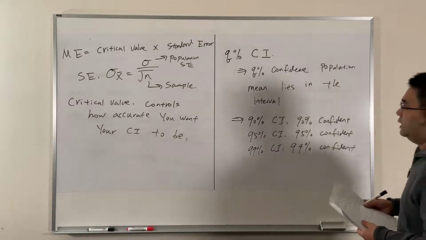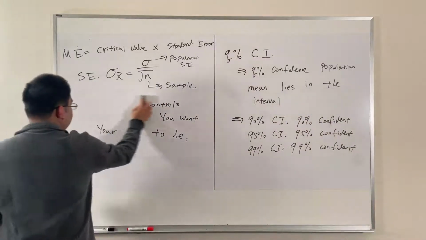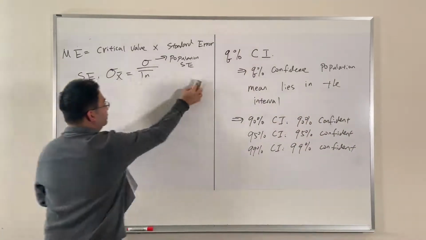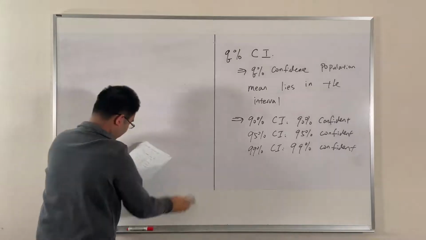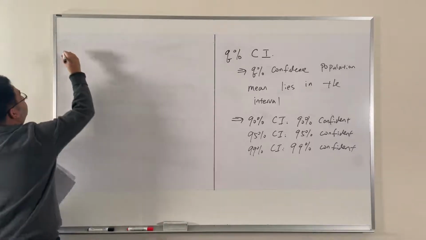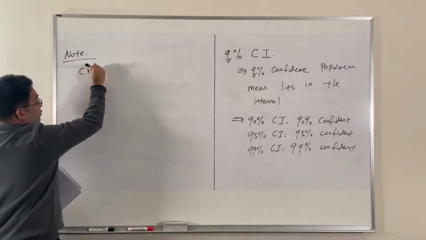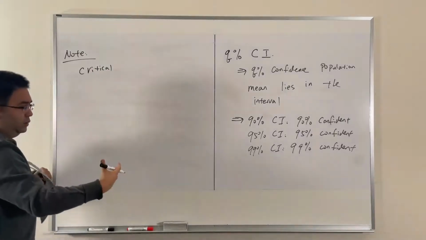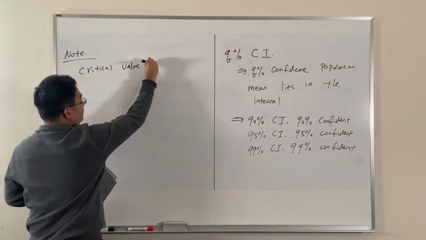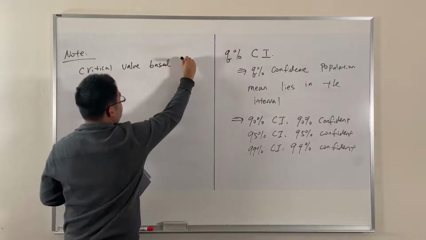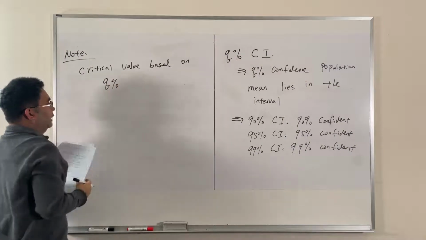Now let's connect these two concepts. Note that the critical value you use when you calculate your margin of error is in fact based on how confident you want to be, so it's based on the Q percent confidence.